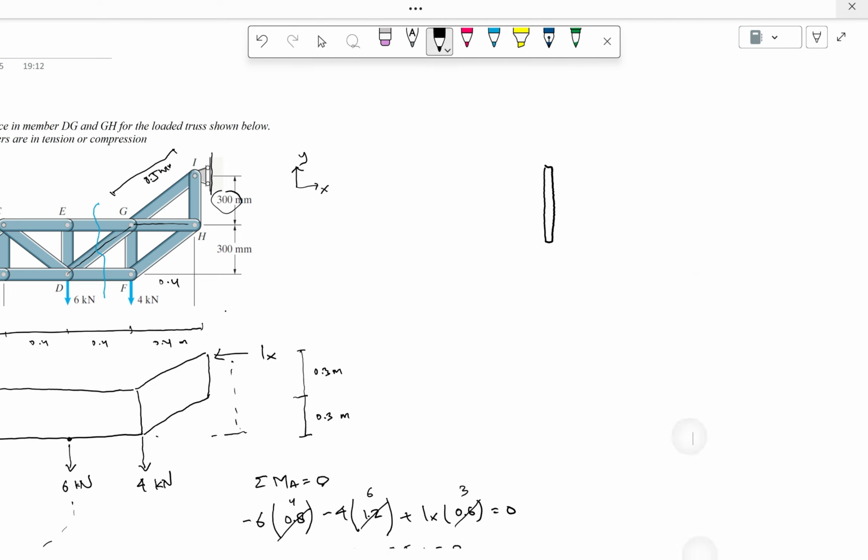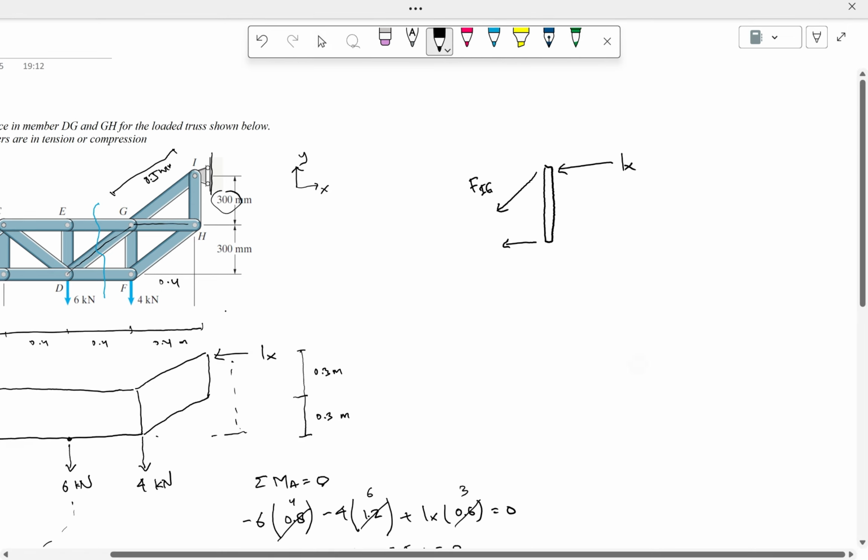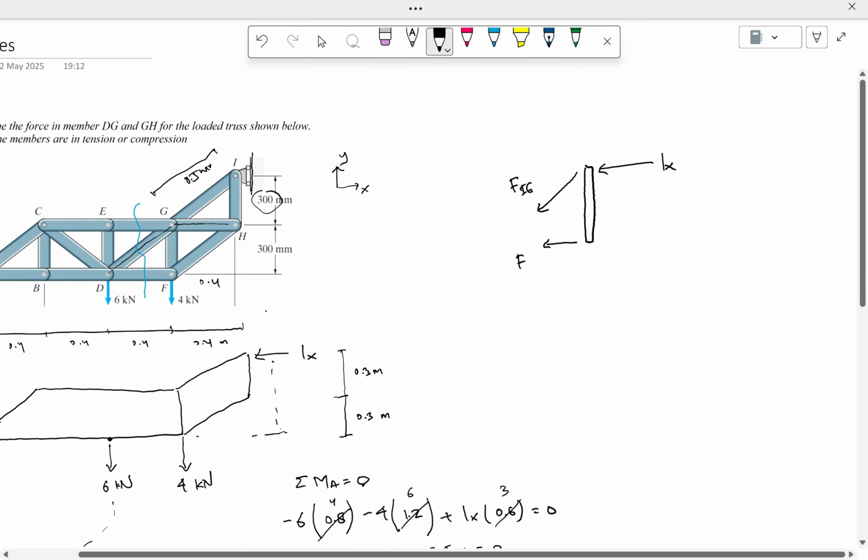Okay, and then there is Ix, and then there is a force FIG, and then there is FGH, right?